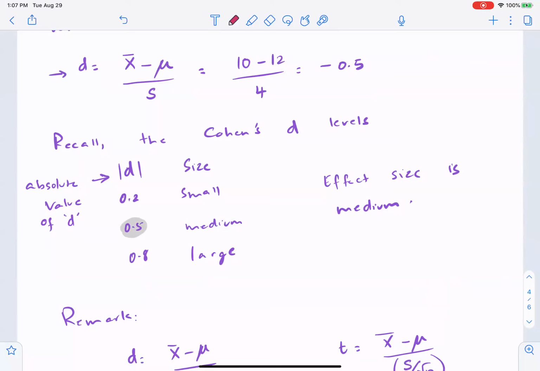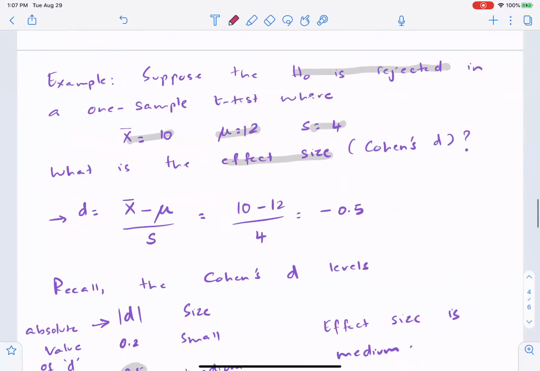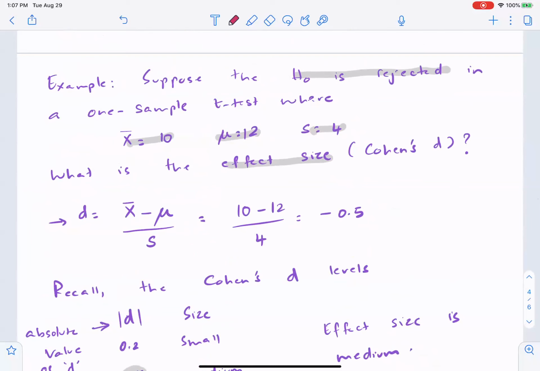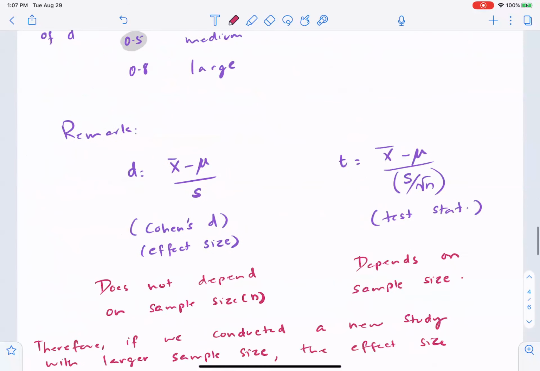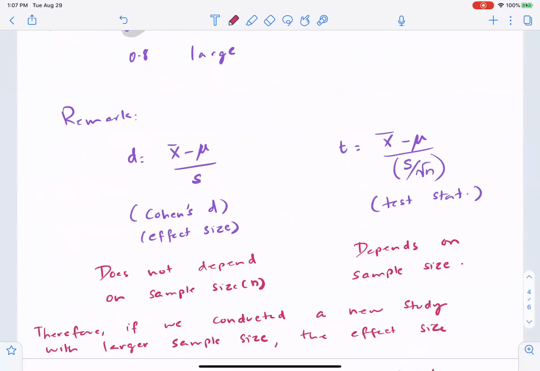This is what I refer to as p-value hacking or things that you shouldn't do in statistics. This is the reason why we simply don't go with statistical significance. If we find statistical significance, we should assess for practical significance, because effect size or practical significance does not depend on the sample size.